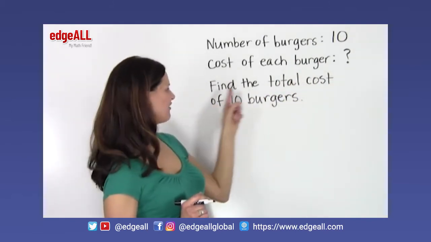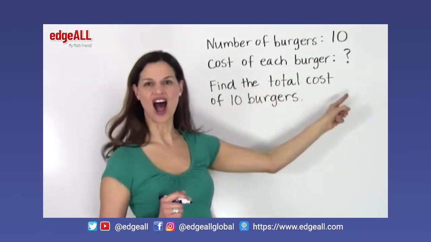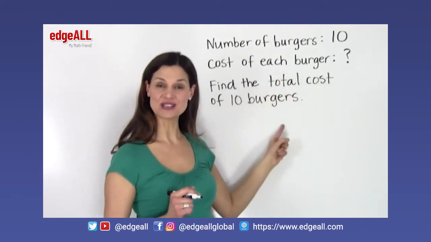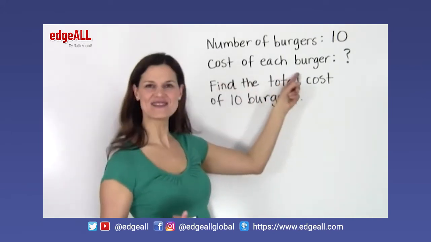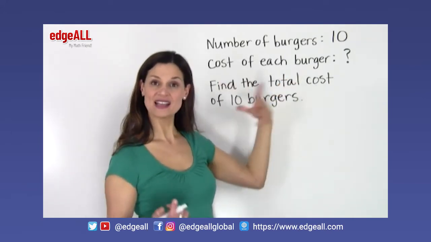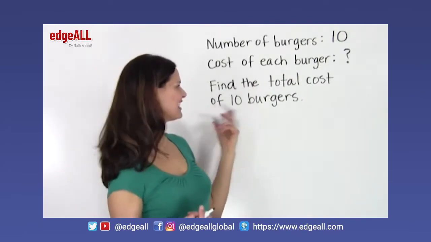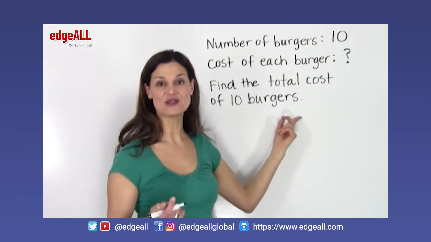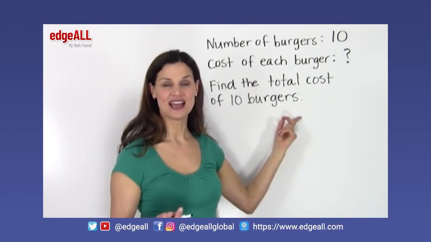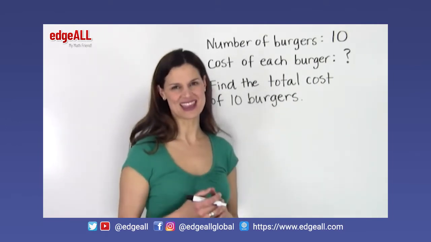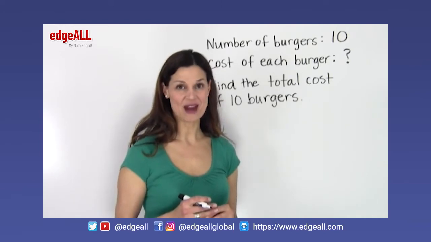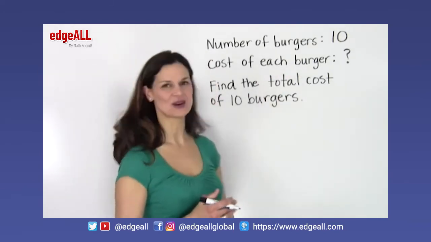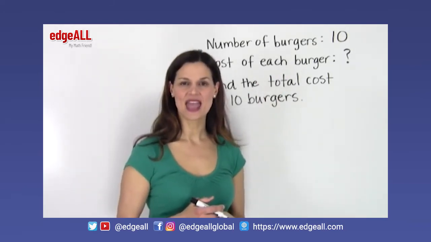You would like to find the total cost of 10 burgers, but we don't know what the cost of each burger is. And so how am I going to calculate the total if I don't know the cost of each? It's not possible for me to calculate the total dollar amount without knowing how much the burgers each cost.